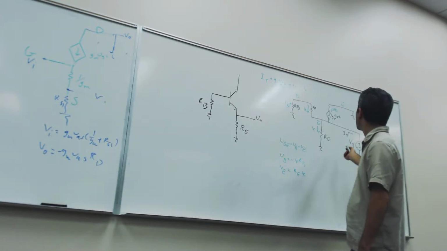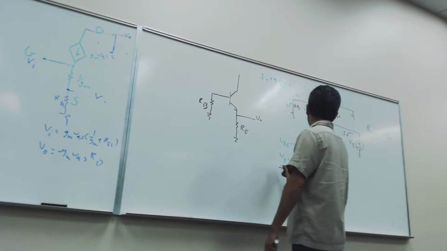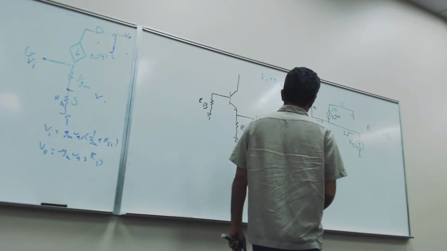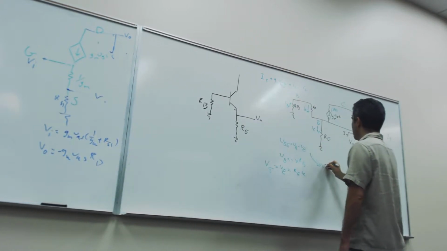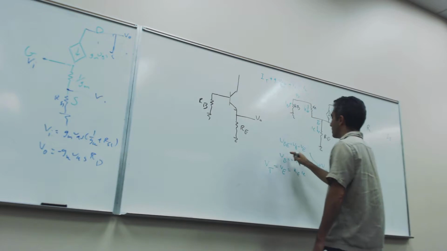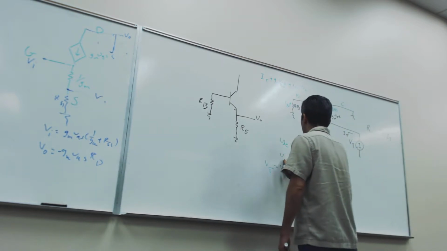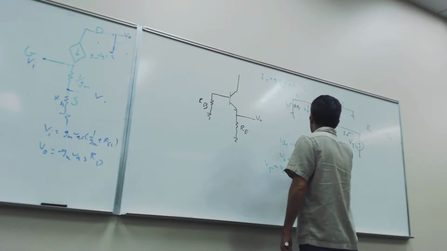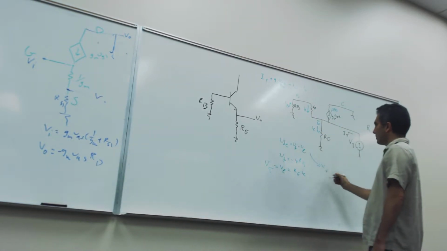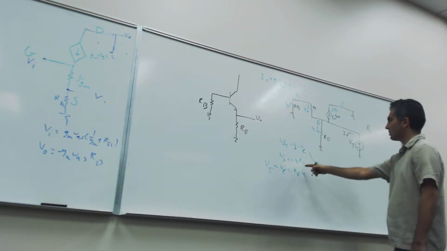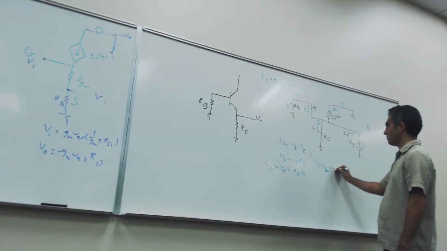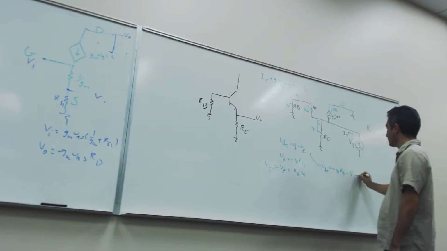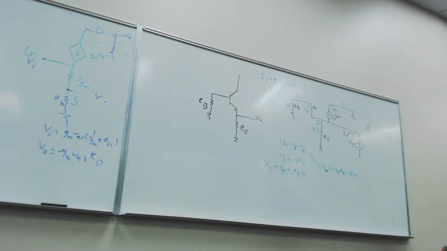So now VE is actually my VT, right? VE and VT are the same. So from this VBE, let's actually write it the way that I wrote it up there. VBE is VB minus VE, so VBE would be that minus IB RB minus VT, right?